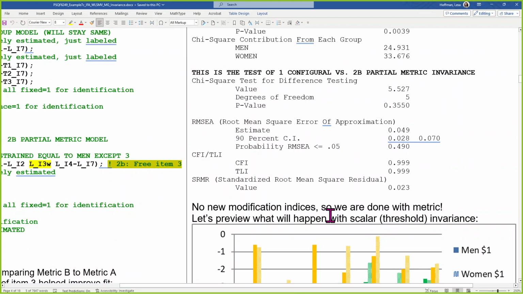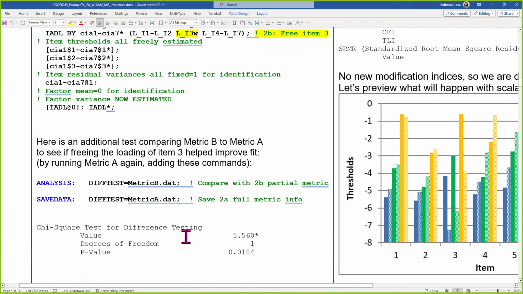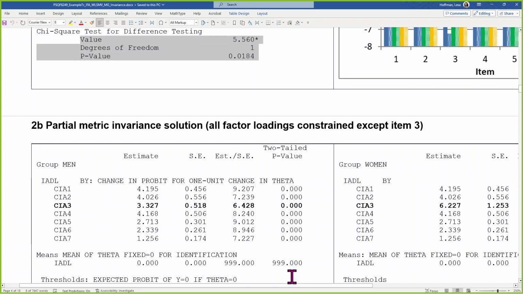You can see all of the original files in the M+ download folder. Chi-square for difference testing is relative to configural. So yes, most of our damage from our chi-square is gone. I also did a comparison against metric A using this version to see if we were headed in the right direction. And yes, freeing item 3's loading makes it significantly better. So we're going to keep it that way.